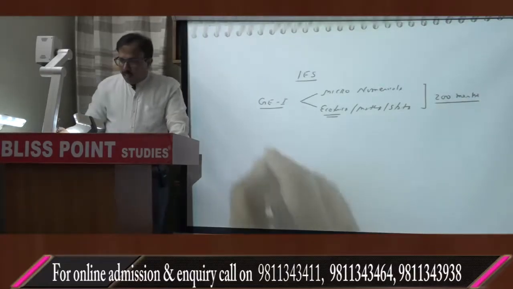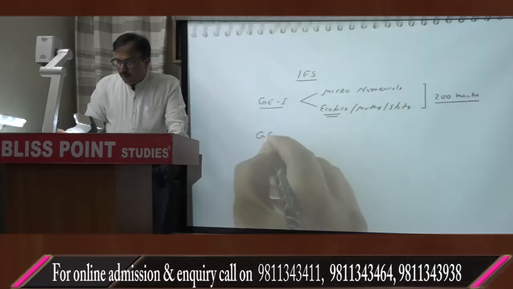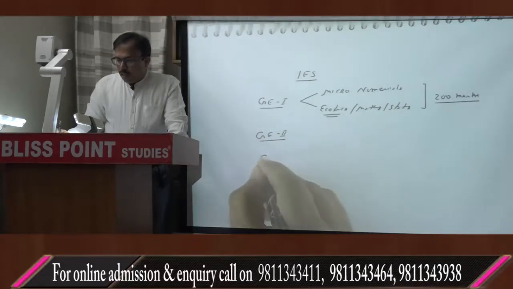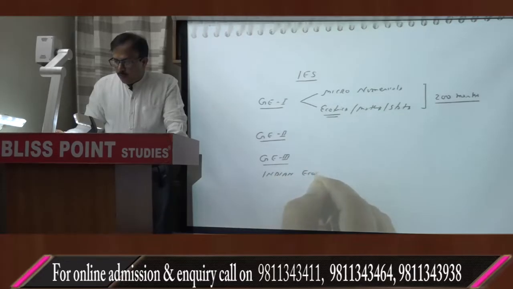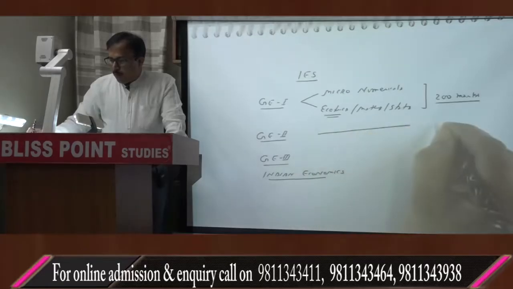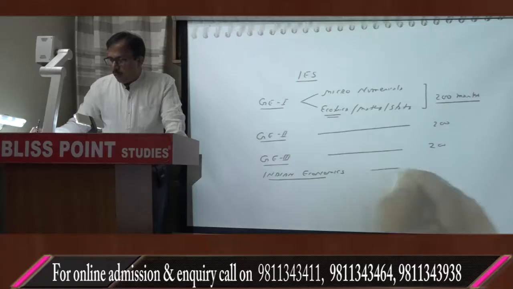After that, second paper, General Economics 2, then General Economics 3, and Indian Economics. So the second paper is also 200, paper number 3 and paper number 4.